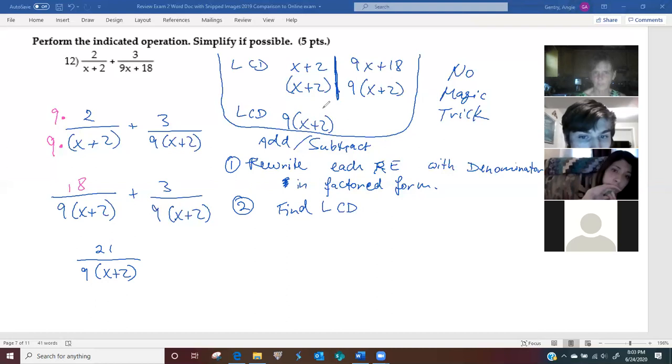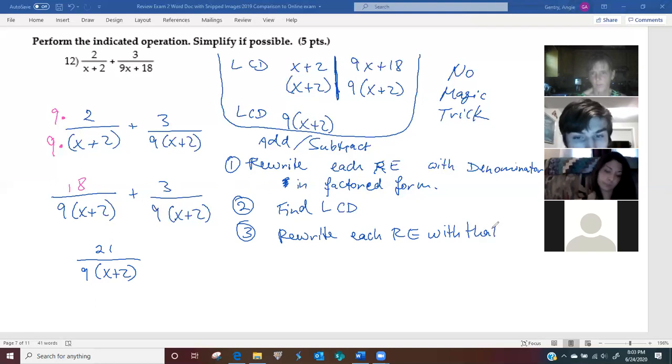So we found the LCD. Step 3, rewrite each RE with that LCD. That's essentially what we did right there. And then we add and subtract.